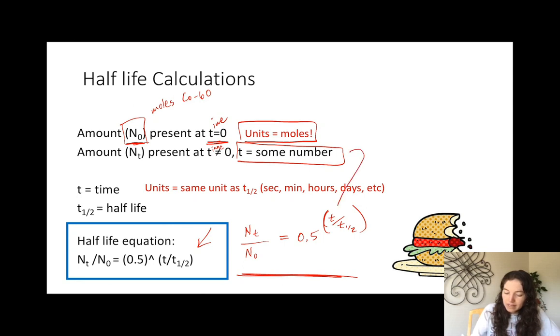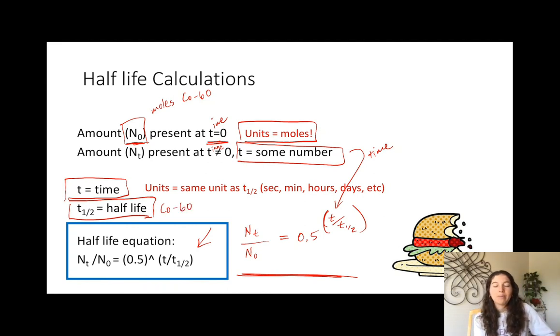It's our time. T1/2 is the half-life of the element. So cobalt-60 has a very specific half-life. It might be minutes, hours, or days. And that's the time in which half of the substance is gone.